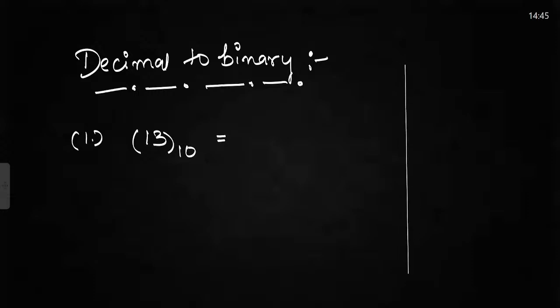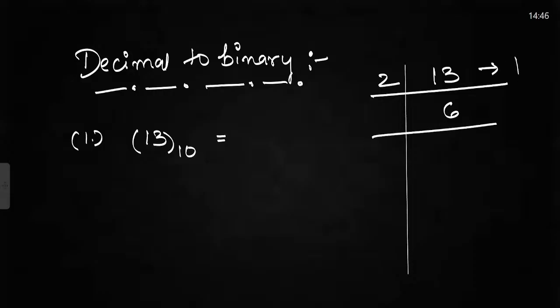So we will take this method. So I am writing 13, then I will divide by 2. So 2 sixes are 12, and I am having remainder 1. Similarly, 2 threes, remainder 0. 2 ones are 2, remaining remainder 1.